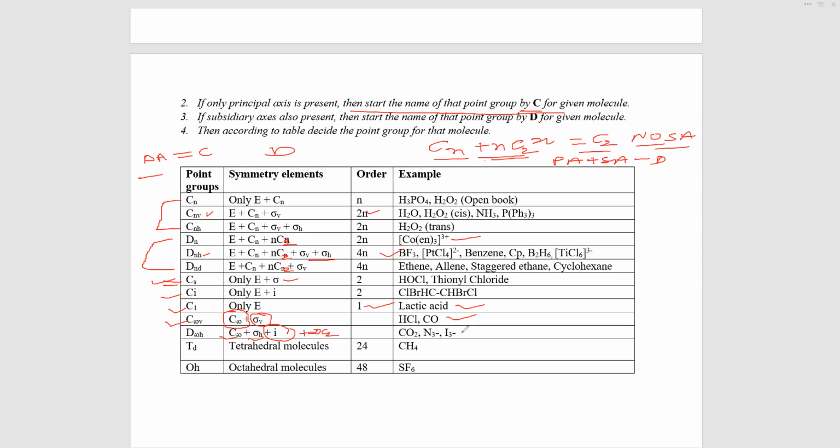So a linear molecule with the same atom at the corners. Td is for tetrahedral groups, all perfect tetrahedral; 24 is the order, CH4 is the example. Oh is for perfect octahedral; 48 is the order of the group and SF6 is the example.